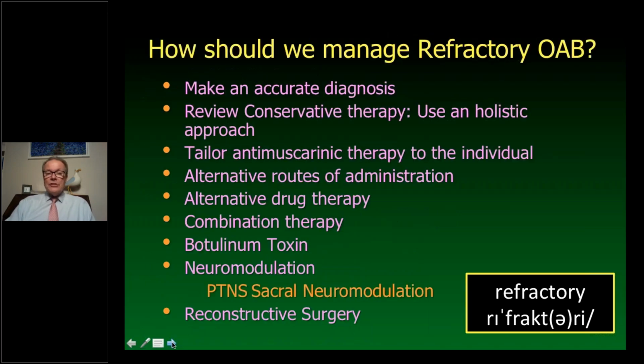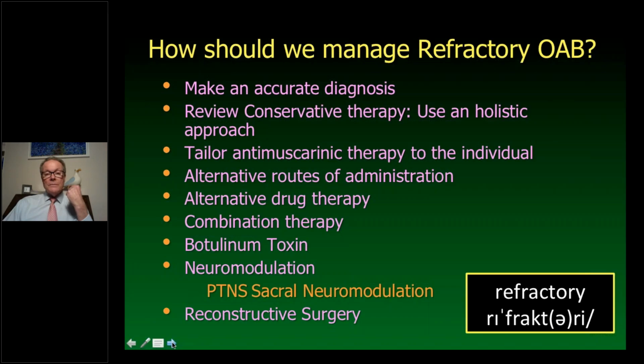During this first presentation, I'm going to focus on how we should manage refractory overactive bladder. I think we first of all need to make an accurate diagnosis. We need to review our patient's conservative therapy and try to use a holistic approach, thinking about lifestyle intervention as well as conservative measures.